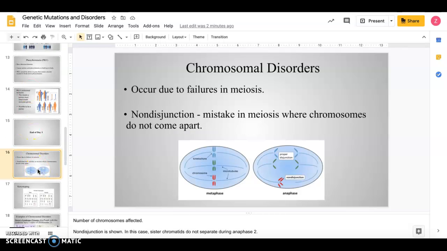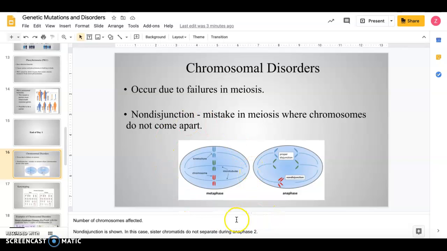Yesterday, we talked about specific disorders and mutations linked to specific genes. Today, we're going to be talking about chromosomal disorders, mutations and disorders linked to entire chromosomes. These occur due to failures in meiosis, non-disjunction, a mistake in meiosis where chromosomes do not come apart.